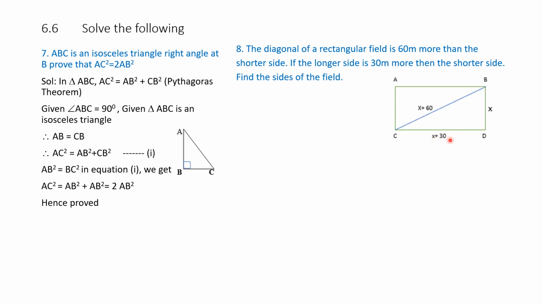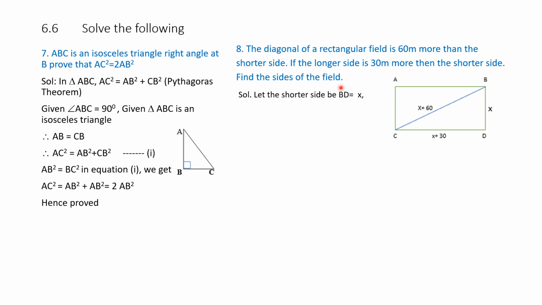We have to find the sides of the field, that is BD and CD values. That is, find the value of x and then you add 30, you get the larger side. And if you add 60 to the length of the smaller side, you get the diagonal. But he has asked only the sides of the field.